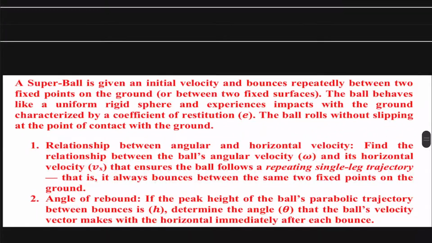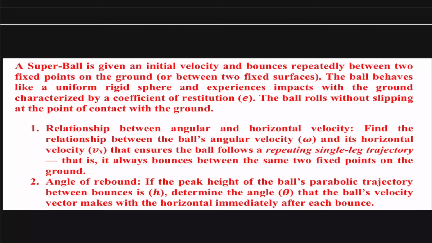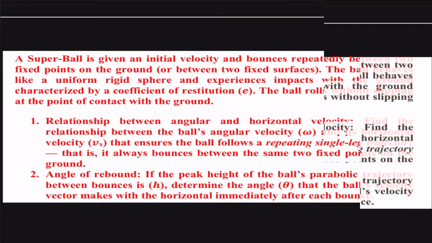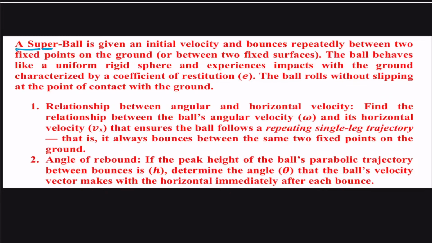And this question states that a super ball is given an initial velocity and bounces repeatedly between two fixed points on the ground, or between two fixed surfaces.